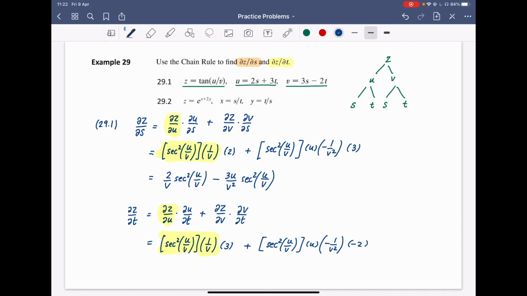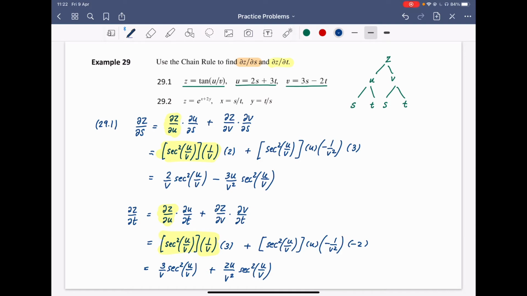So I simplify everything, and I get (3/V) sec²(U/V) plus (2U/V²) sec²(U/V). All right, simple like that. This is super easy, right? I hope you find that this is not that hard for you.